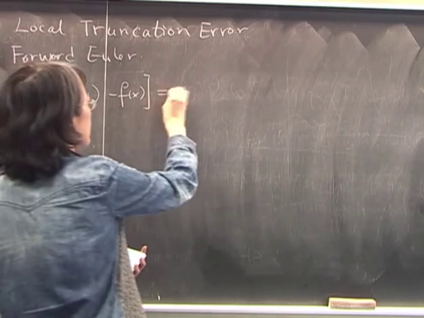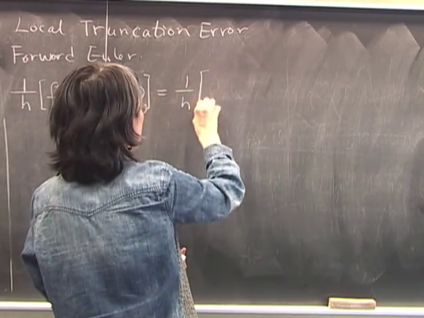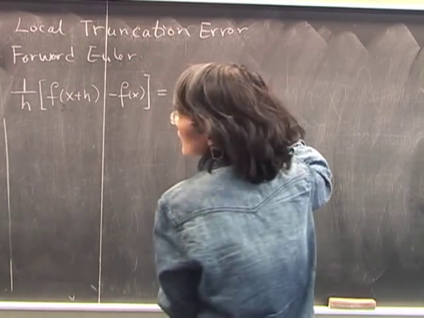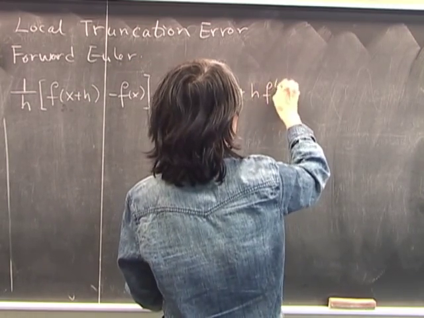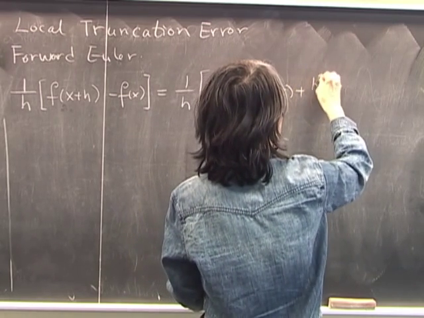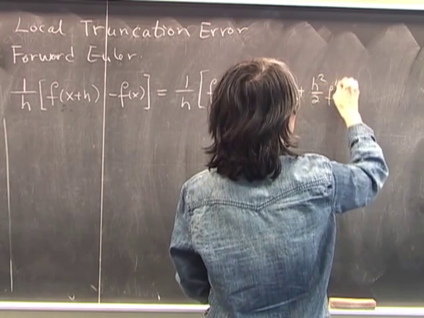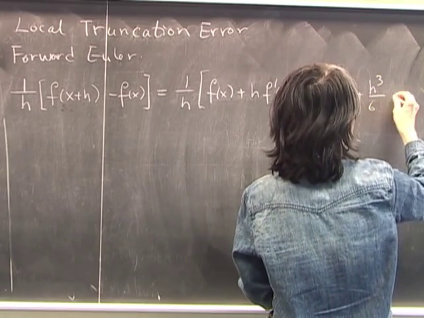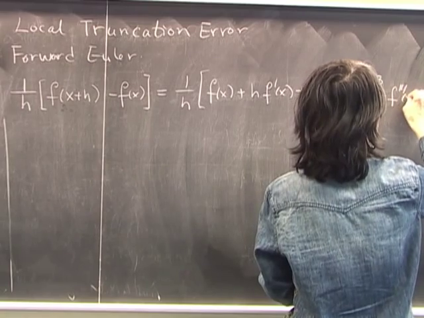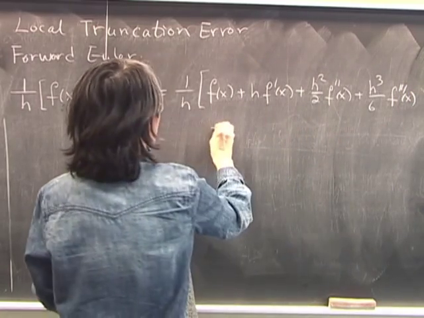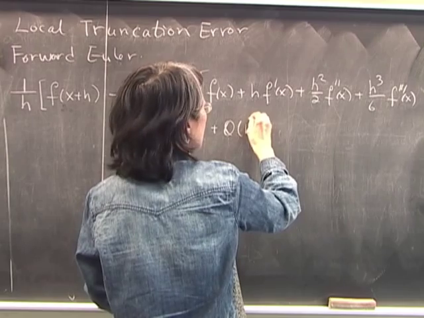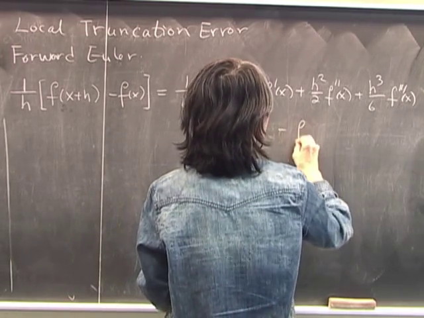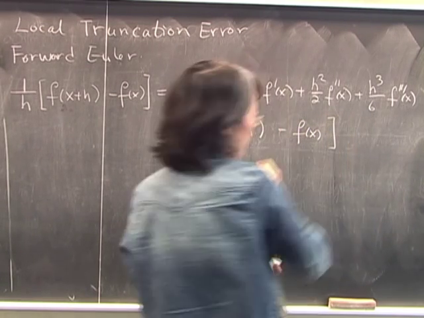Okay, so this gives me 1 over h times, which we prepared, f of x plus h f prime of x plus h squared over 2 f double prime of x plus, let me be painful and write that, all these terms plus something of order h to the fourth. That's what we set up. And then minus f of x.